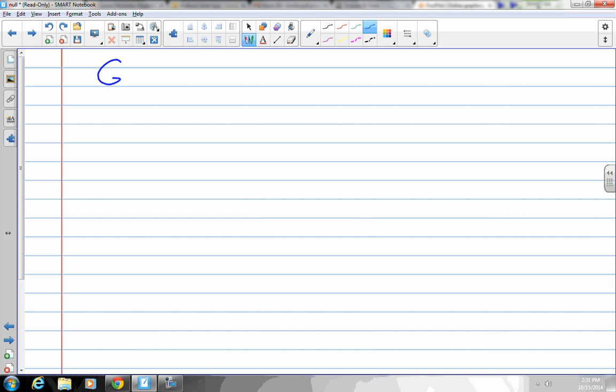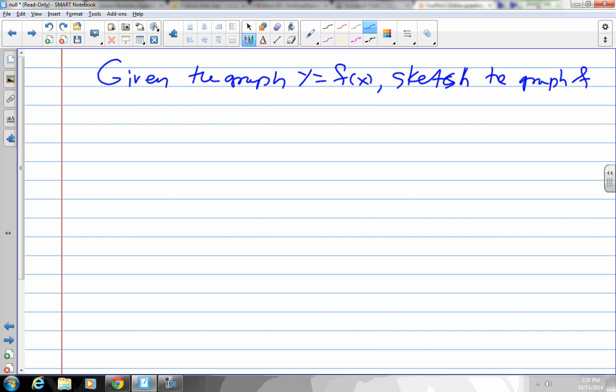So given the graph y equals f of x, sketch the graph of y equals f inverse of x. And again, all I have to do is flip whatever is given to me around the line y equals x.